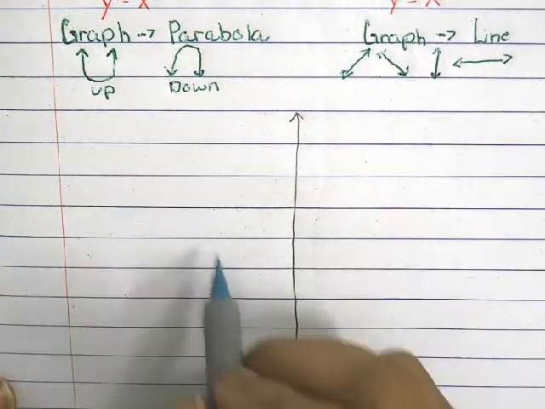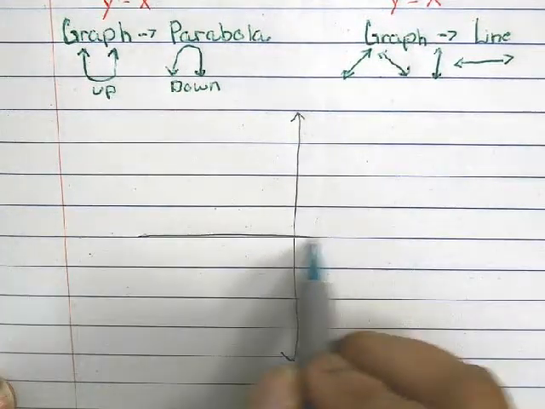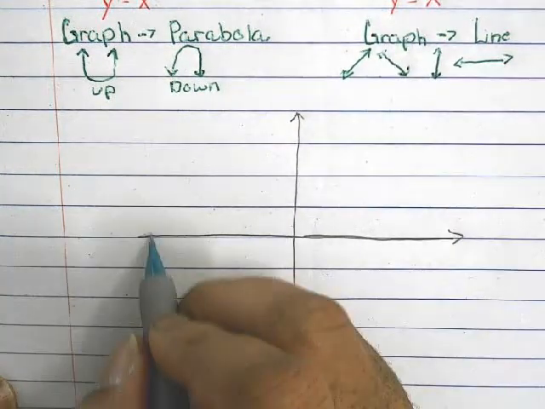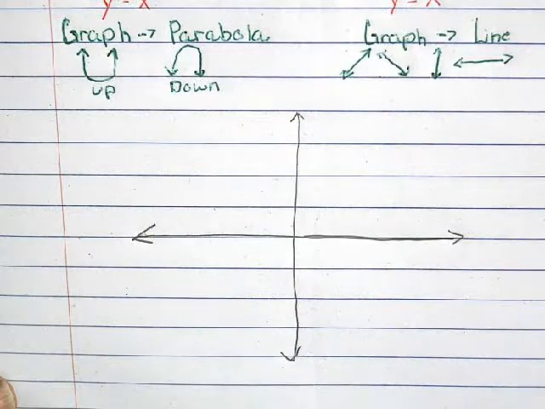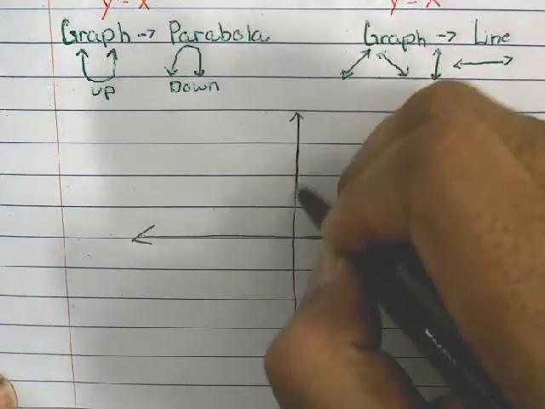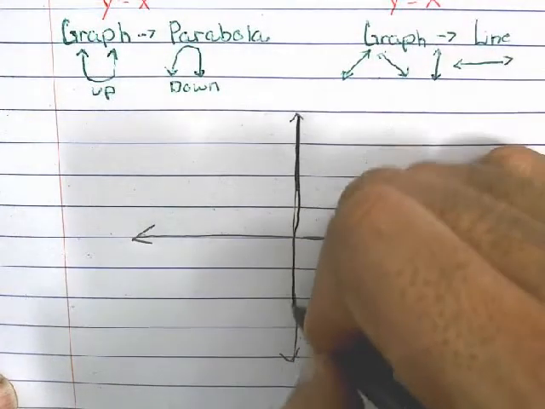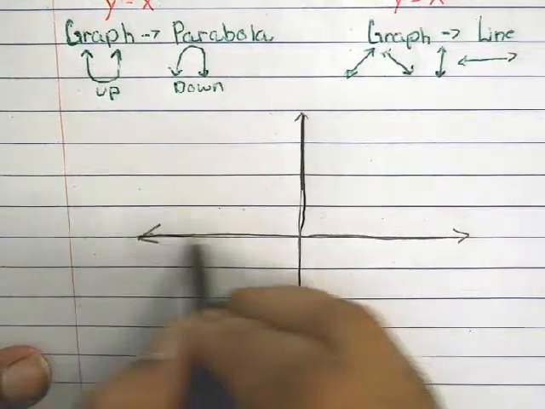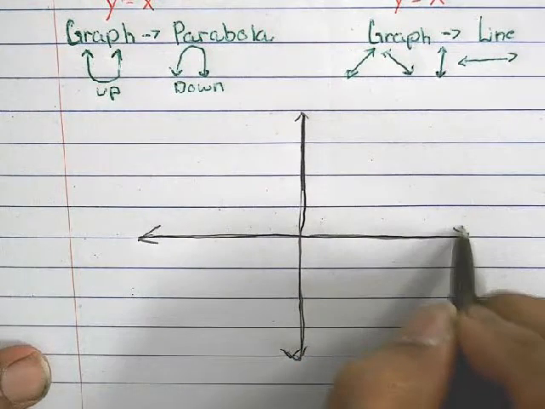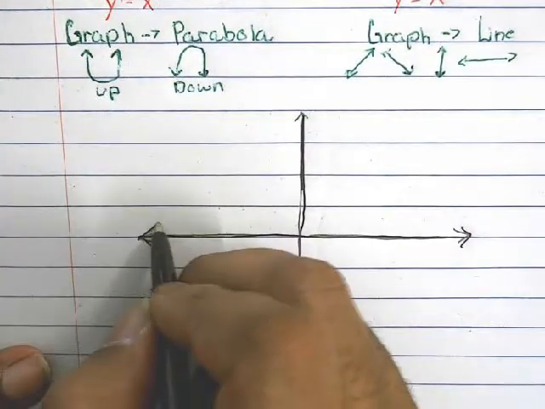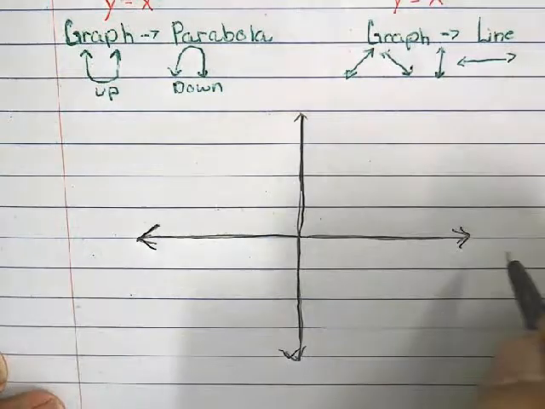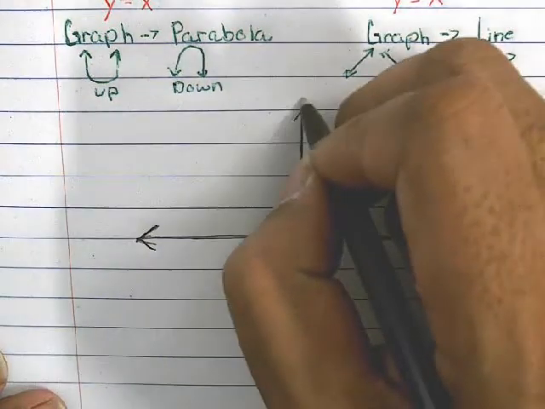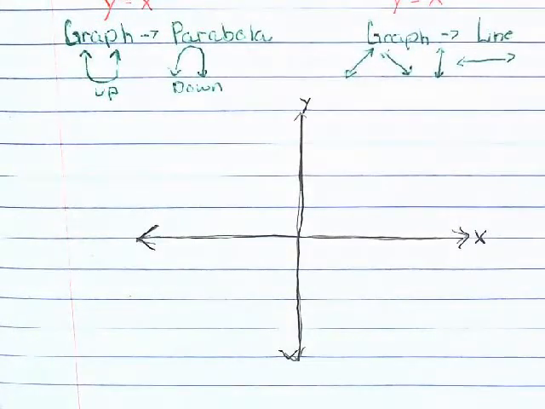Alright. That looks about the middle. Now, do it in pink. Alright, we've got our graph right here. Label it. Here's your x-axis. And here's your y-axis. Label the axis.